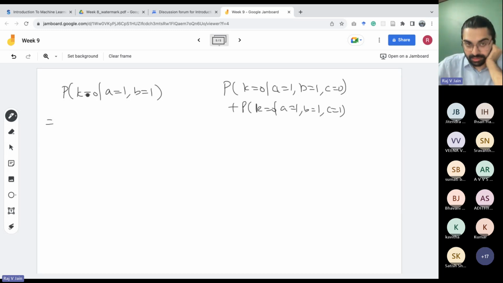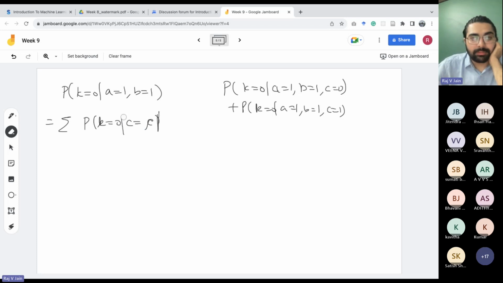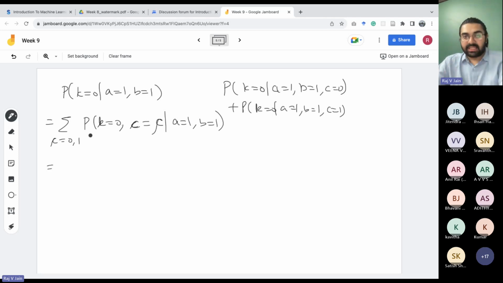So this is equal to probability of k equal to 0, c equal to, let's say, small c, given a equal to 1, b equal to 1, then for all values of c, c equal to 0 and 1. This is what is to be done, because if you want to include a variable, in this way you just marginalize over that variable.